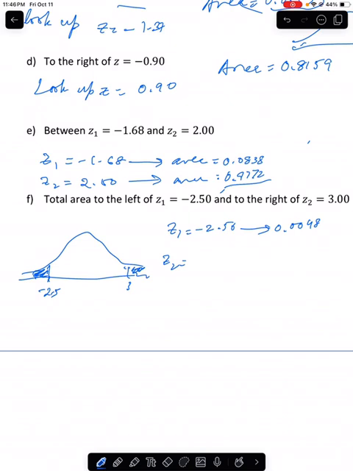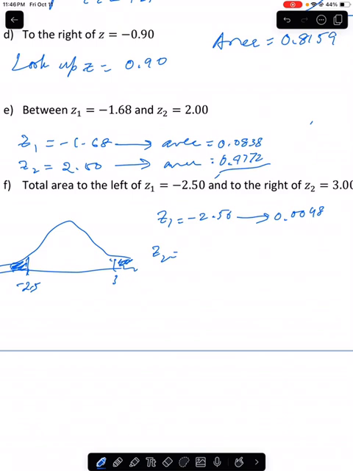So the negative of 3.00. So I look up negative 3.00, which gives me 0.0010.